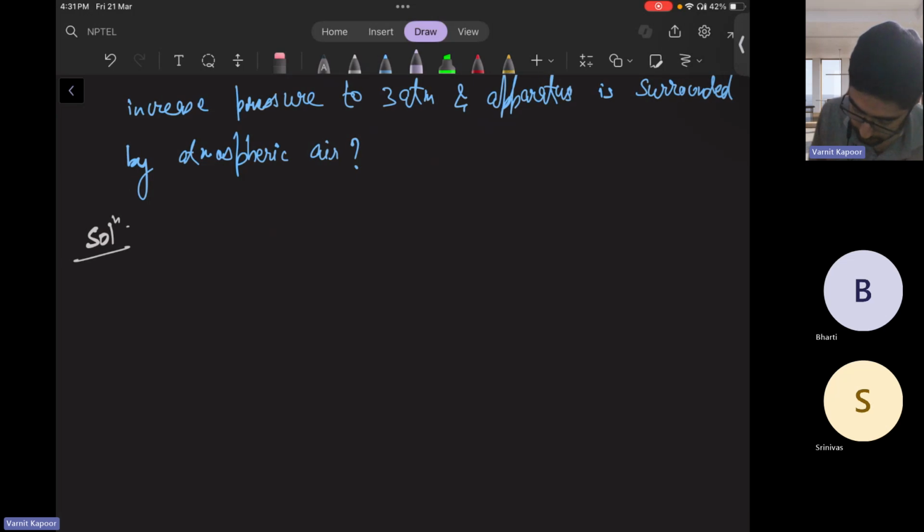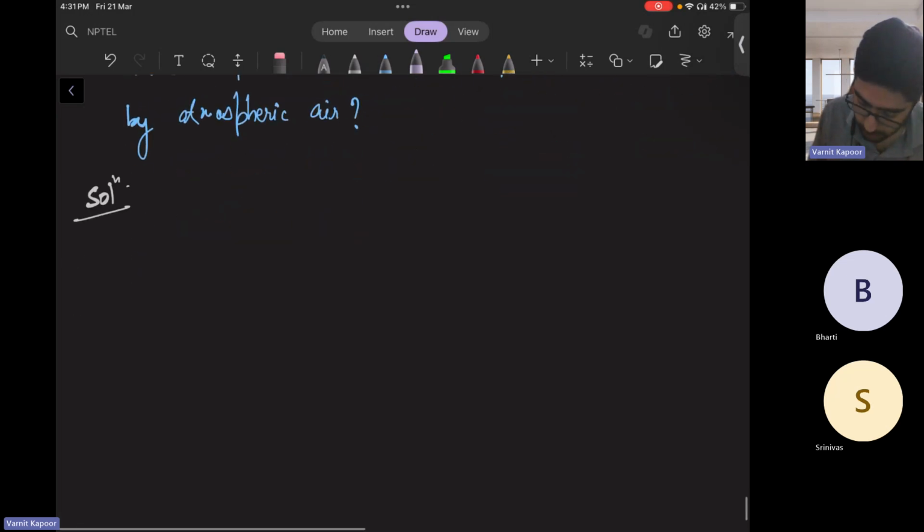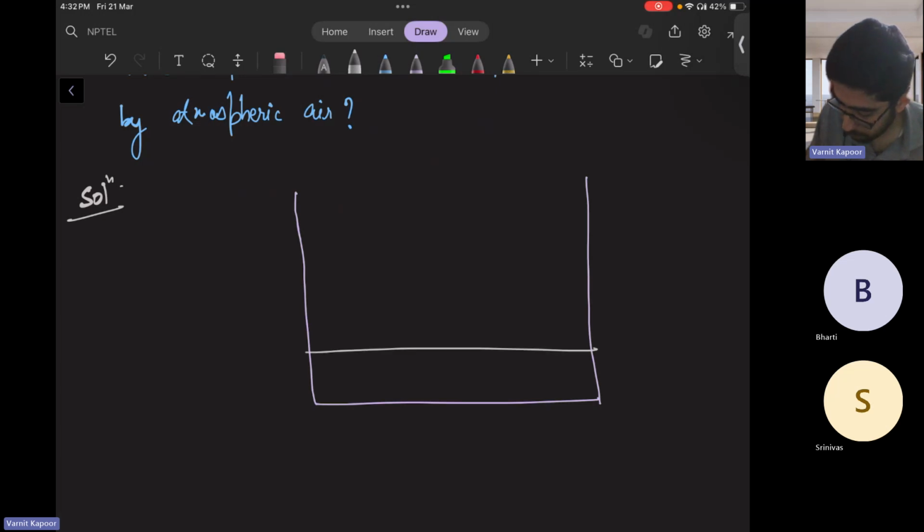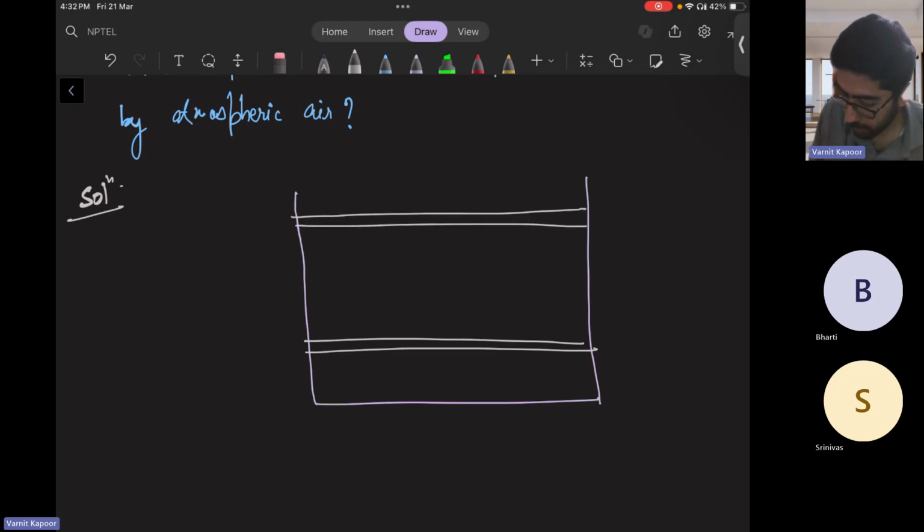First, the piston cylinder, from state 1 to state 2. We have a scenario like this. Initially the piston is positioned like this, and finally the piston goes to this position. Let us make two different diagrams.